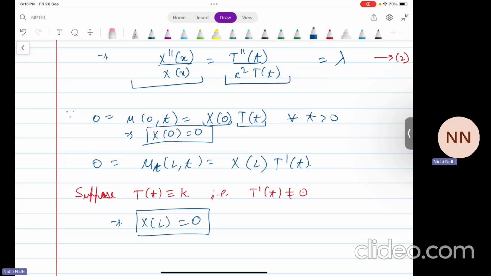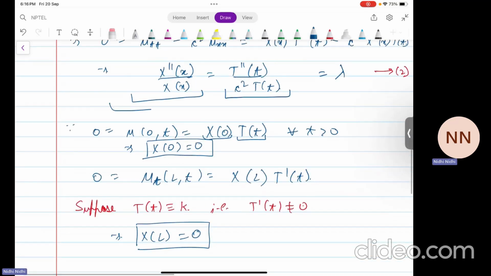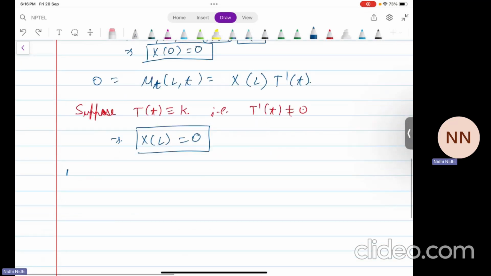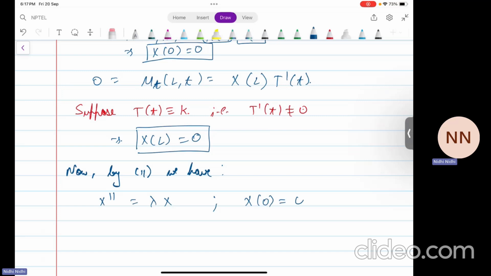So by the second equation, we have X double dash equals lambda X, along with the boundary conditions X(0) = 0 = X(L).